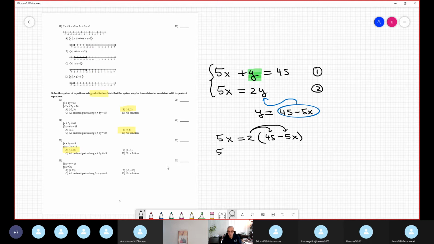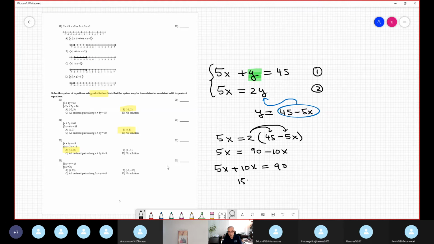So now apply the distributive property. We have 5x equal 90 minus 10x. Now solve for x. I propose you move this 10x to the other side. So we have 5x plus 10x equal 90.